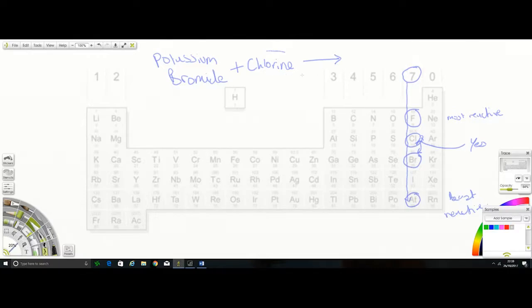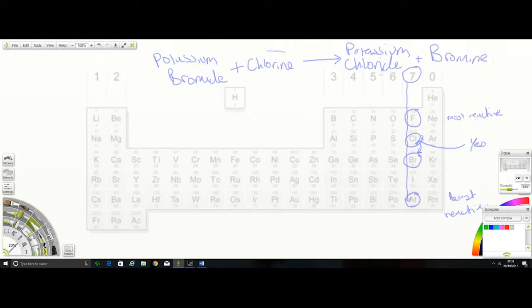Because the answer to that question is yes, it is more reactive than the bromine within the periodic table, so that's going to kick out the bromide, and you're going to have the following occur. Potassium bromide plus chlorine is going to make potassium chloride plus your bromine on its own.